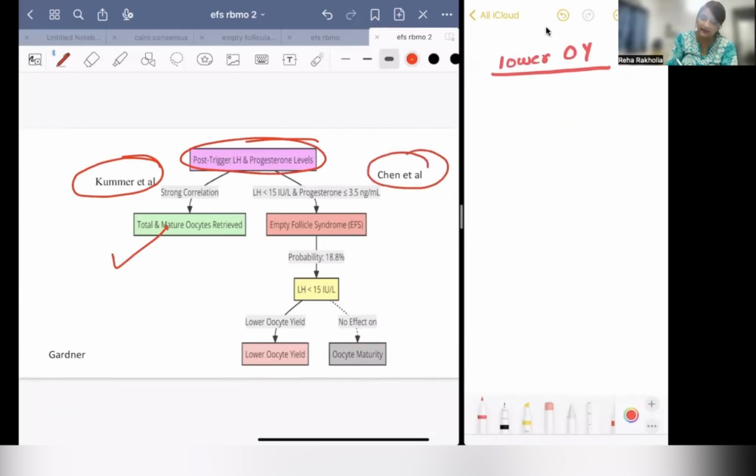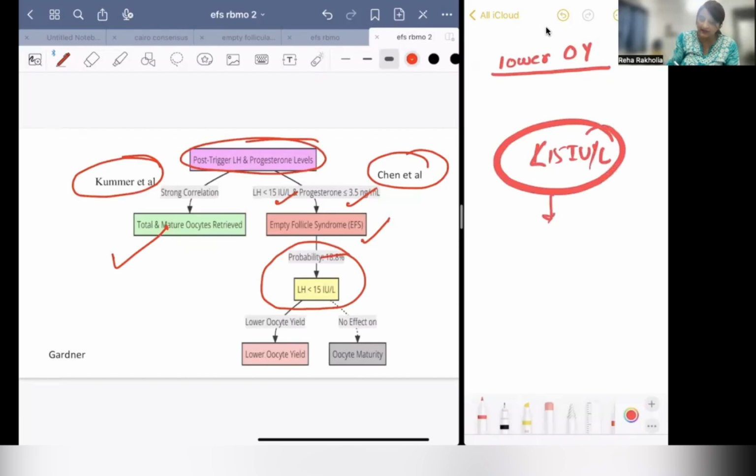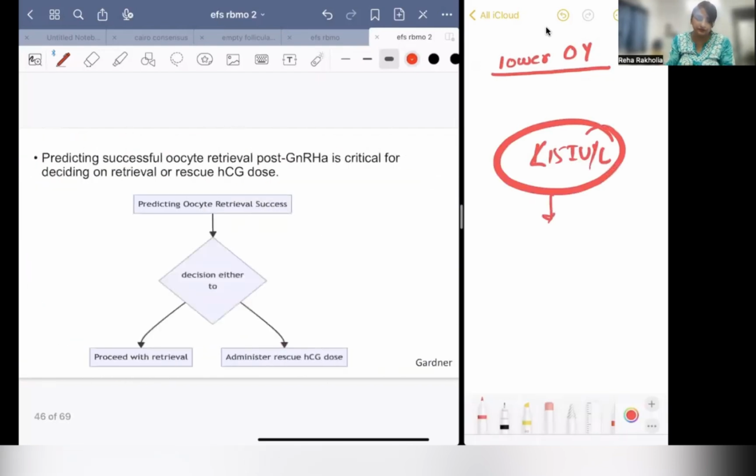Chen et al. says that if LH is less than 15 and progesterone is less than 3.5 nanograms, then there is a chance of empty follicle syndrome, with a probability of 18.18% if LH is less than 15 international units per liter. Some studies say that if LH is less than 15 international units per liter, then the chance of oocytes is lower, but there is no effect on oocyte maturity.